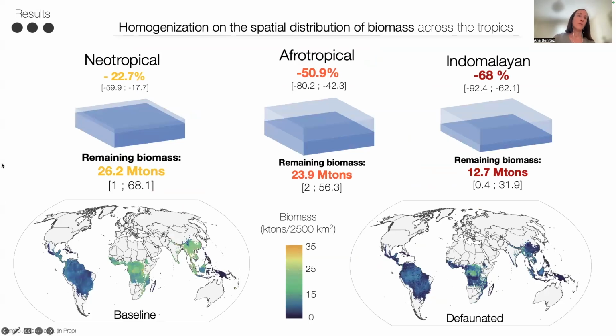So in the baseline, what we used to have is this clear pattern of having more mammalian biomass in the Afrotropical and the Indo-Malayan realm, and less in the Neotropical realm. And this was because after the colonization of the Americas by humans, hunter-gatherers, some 14,000 years ago, there was a huge wave of extinctions going on.